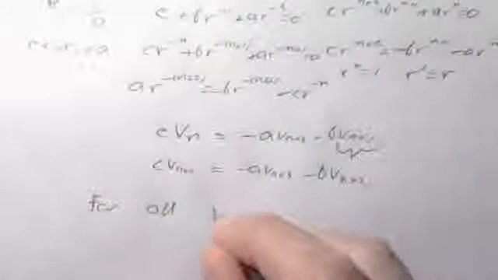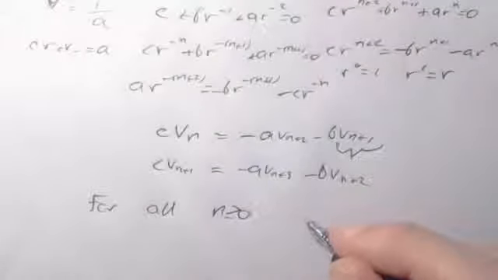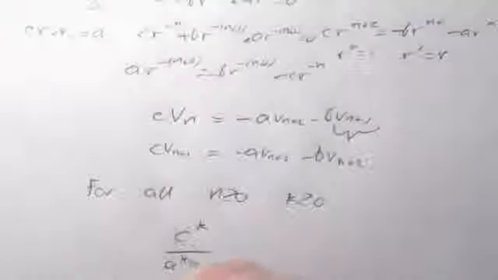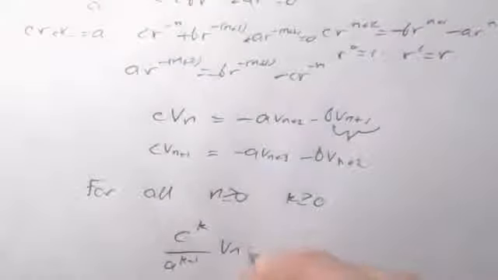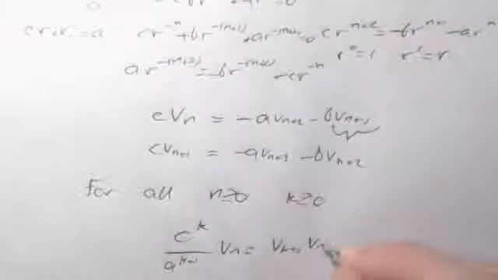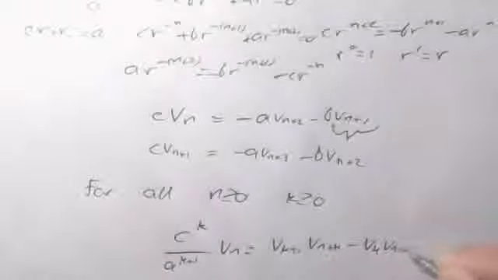So for all n greater than or equal to 0 and k greater than or equal to 0, we get that c to the k over a to the k plus 1 times vn is equal to v k plus 1 times vn plus k minus vk times vn plus k plus 1.